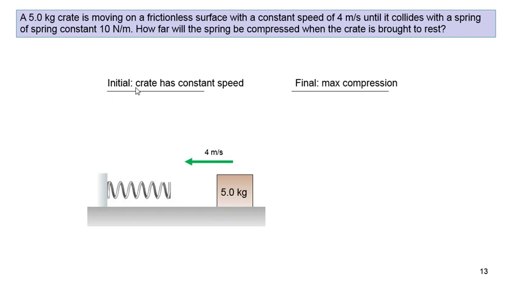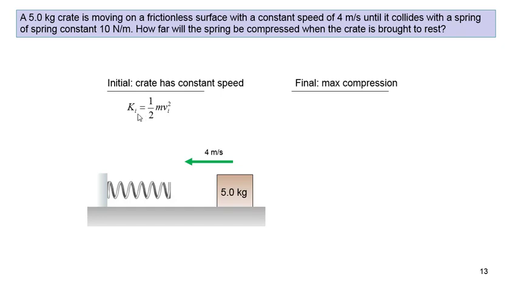My initial event is when the crate is traveling at a constant speed before it touches the spring. My final event is when it's at the maximum compression, when the spring gets compressed the most it's ever going to get. After that, the mass is going to shoot back away from the spring. What we care about is that maximum compression, so that's my final event.